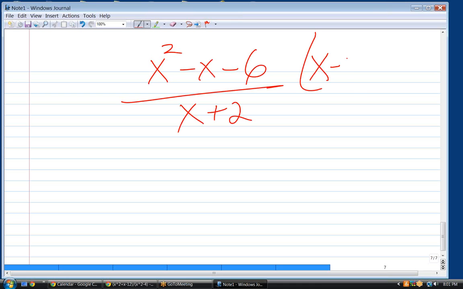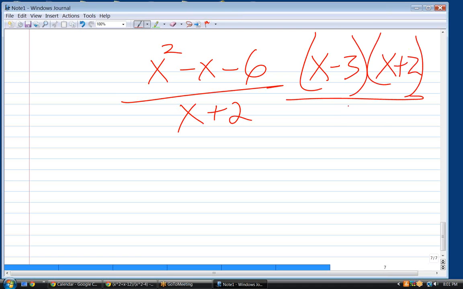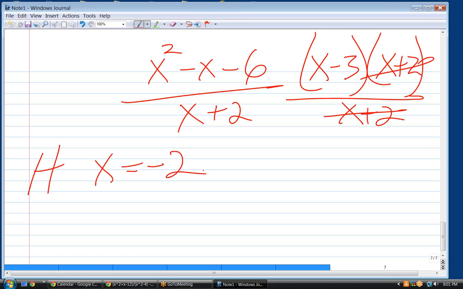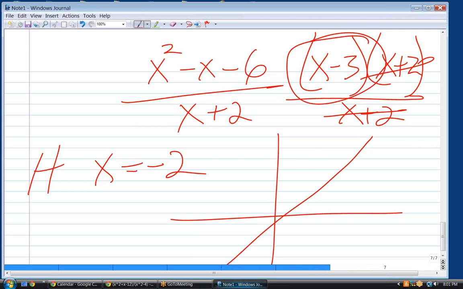Okay, so this would be x minus 3 times x plus 2 over x plus 2. These cancel, and you're left with a hole at x equals minus 2. And the function ends up graphing as a linear function, just like that. Only there's a hole right there. Oh, okay. In other words, it graphs as x minus 3, with the exception of having that hole.